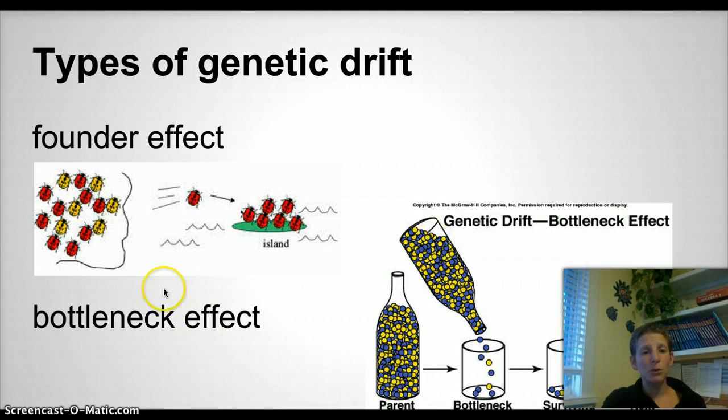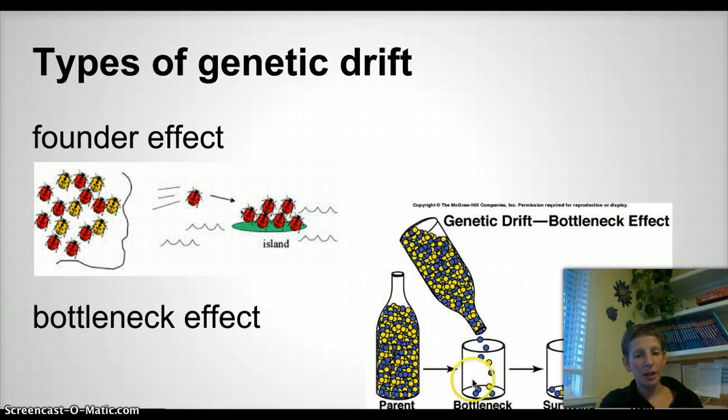We learned about the founder effect, where a small portion of a population will go someplace completely new and establish a new population. And that new population usually has a pretty drastically different genetic makeup than the original population.